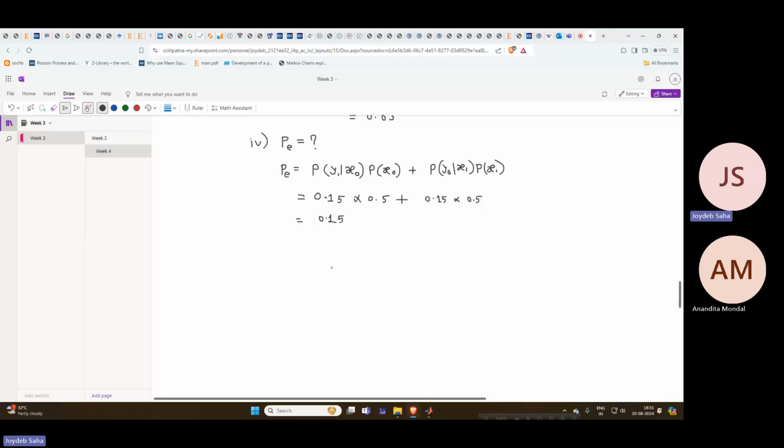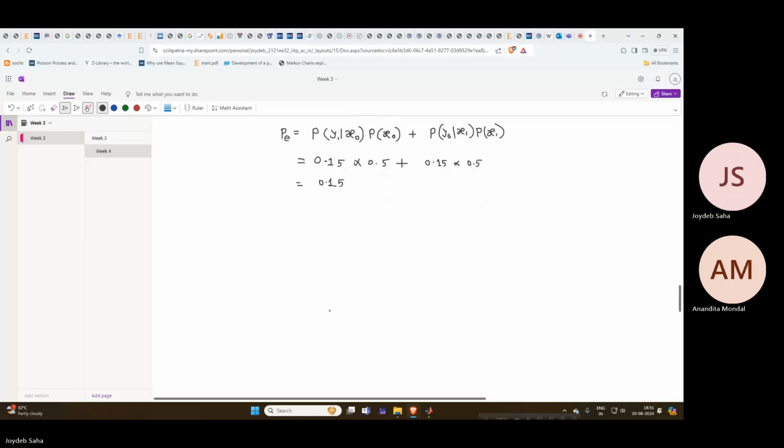This is the probability of error. Now, these are the examples using Bayes theorem. Now, we will learn few concepts and then again we will solve some problem.